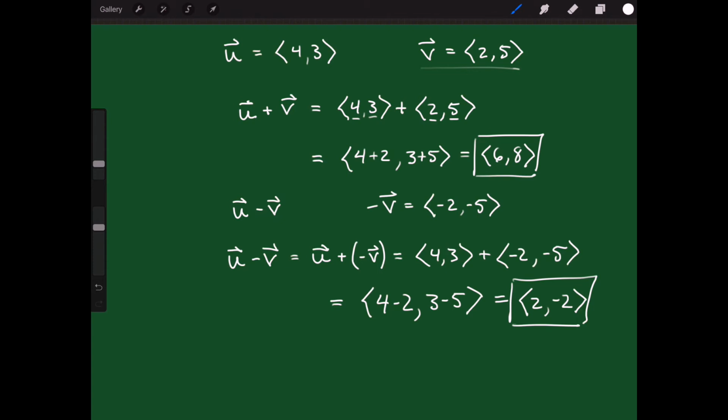Now, if a vector doesn't really start at the origin, then what do we do? We probably need to figure that out, because we're not always going to deal with vectors that start at the origin. So let's say that I had a vector that started somewhere.